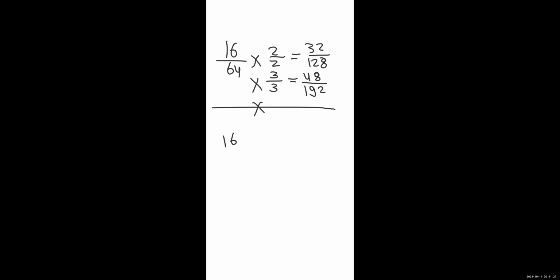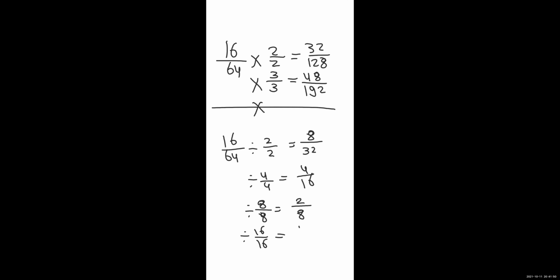Or otherwise, you can divide 16/64 by 2/2, or by 4/4, or by 8/8. So it will equal 8/32, or 4/16, or 2/8, or even you can divide it by 16/16, which means 1/4. All of these are correct. So the main concept here is to divide or to multiply according to the number.